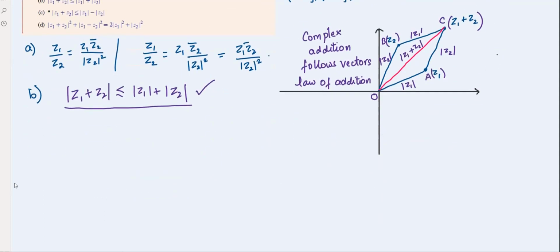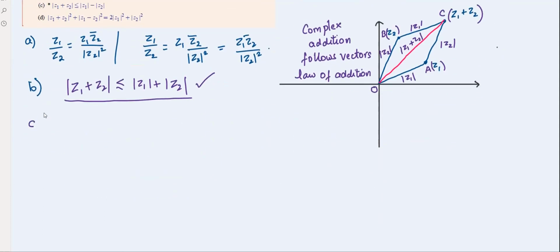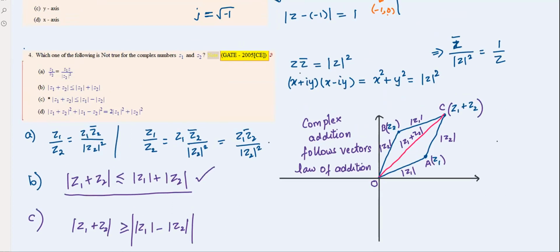And then the same logic, the difference between two sides of a triangle will be actually lesser than the third side. In fact, the modulus of this difference. But here, what is given is the difference between the two sides of a triangle is greater than the third side. So this is a wrong statement, and we are asked which of them is not true. So therefore, this particular statement is not true. Why?